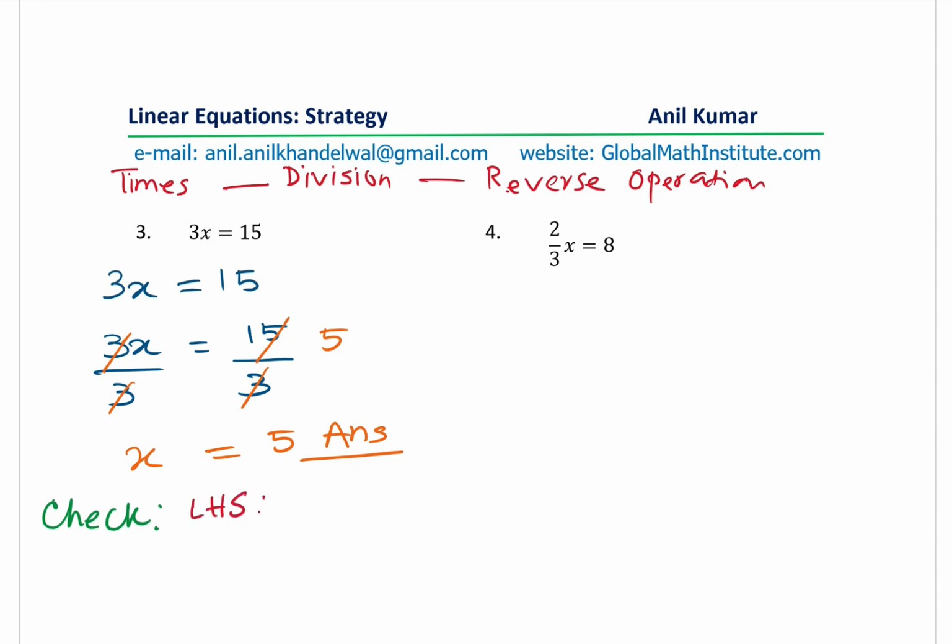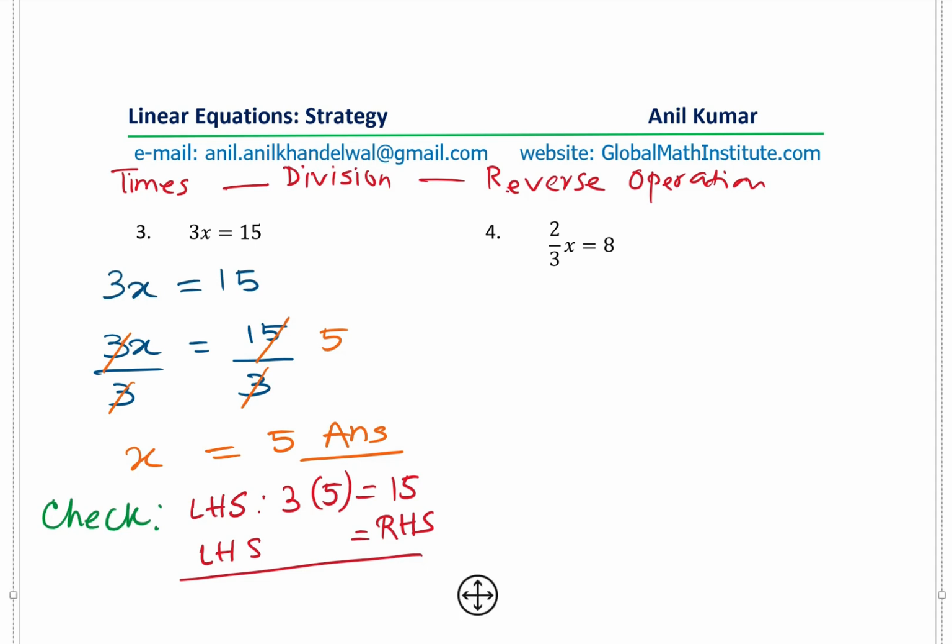So on the left hand side, we have 3 times 5, and that is 15, and this is indeed equal to the right hand side. So we have shown that the left hand side and the right hand side are equal, and therefore the answer, which is x equals 5, is correct. Perfect. So that is how we are going to do it.